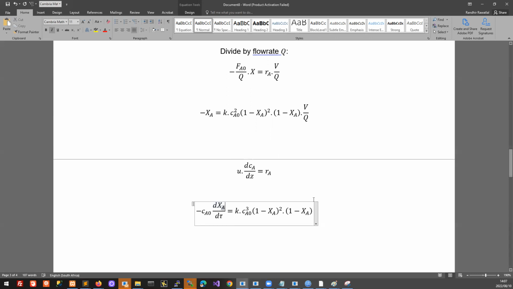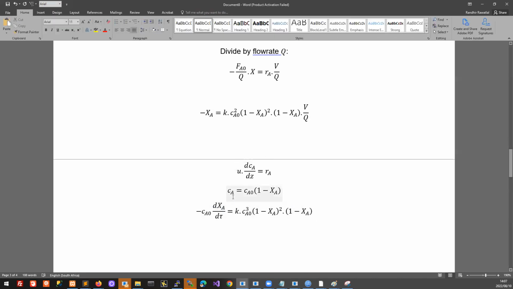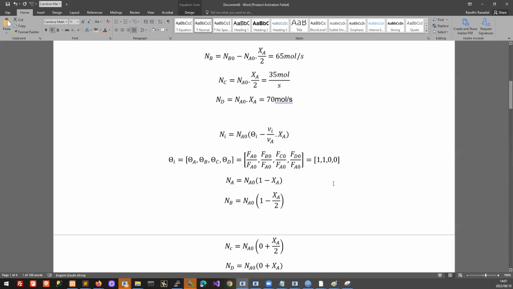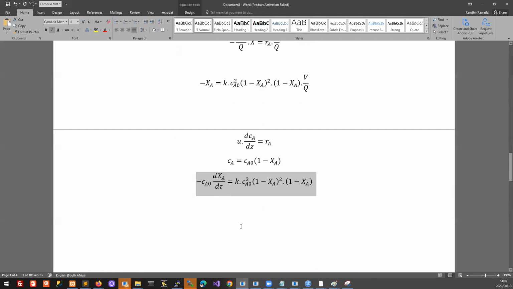And by the way, the minus sign has crept in because, of course, CA equals CA naught 1 minus XA. So when we differentiate, this is minus dXA d tau, right? So all we need to do is integrate this equation with respect to tau, from 0 to this tau value, 20 minutes, right? 1,200 seconds. And then we can compare.